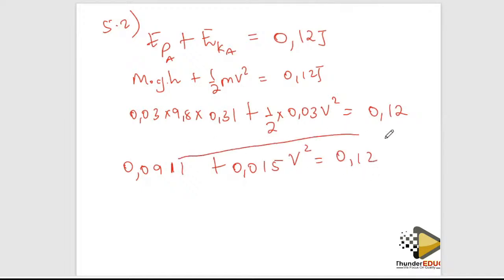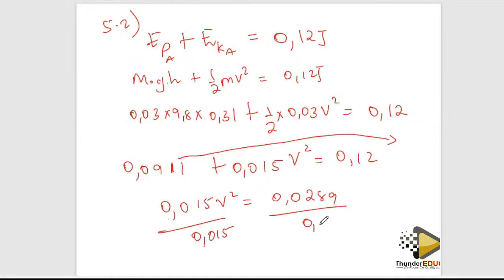Then I'll move this to the left. So 0.12, I'm subtracting 0.0911. Okay, so 0.015 v squared is going to give me 0.02889. Then now divide both sides by 0.015, so 0.015 over 0.015 cancels that.